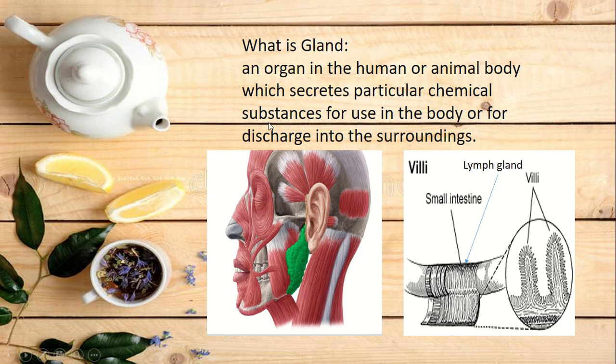A gland is an organ in the human or animal body which secretes particular chemical substances for use in the body or for discharge into the surroundings. And here this lymph gland helps the fat get absorbed into the body, situated in the belly of the intestine.